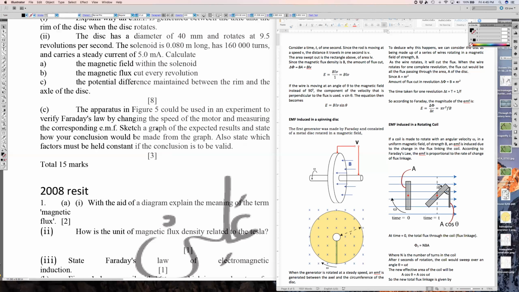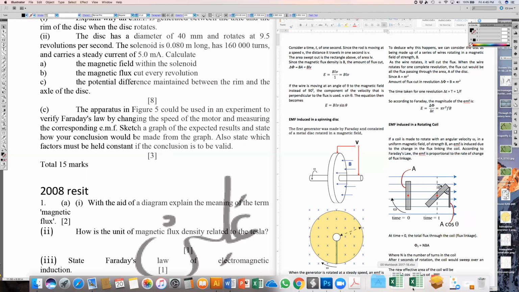The question continues. Sketch a graph. State how your conclusion can be made from the graph. What conclusion? All right, well, the conclusion can be made from the graph because as the frequency increases, the rate of cut increases and the EMF increases. I'll write that down.